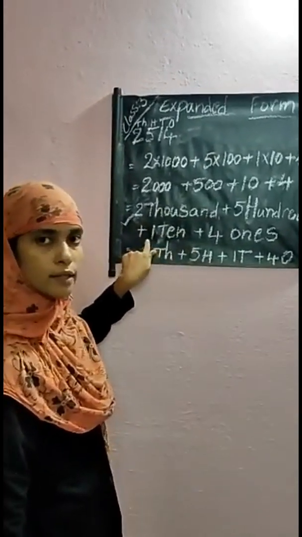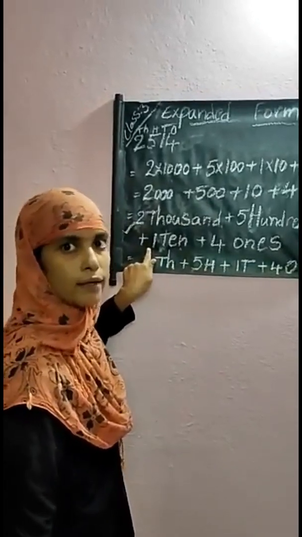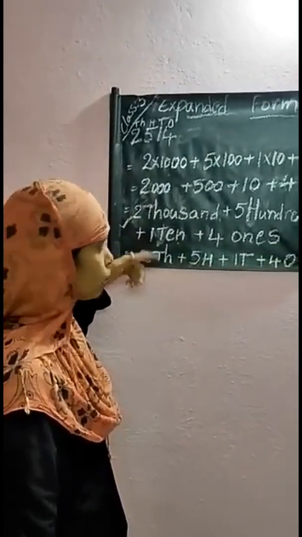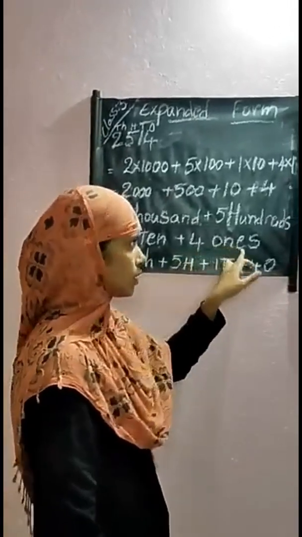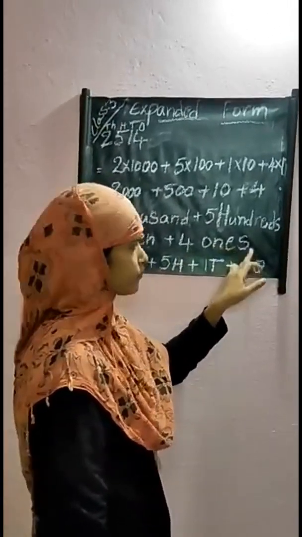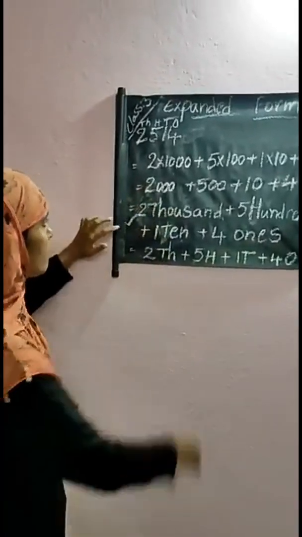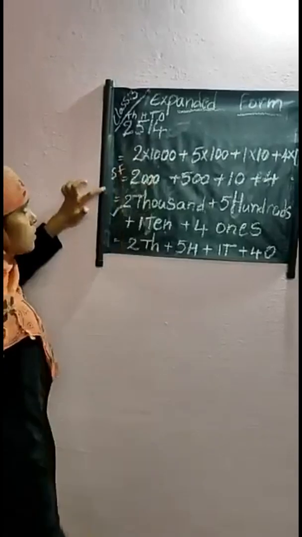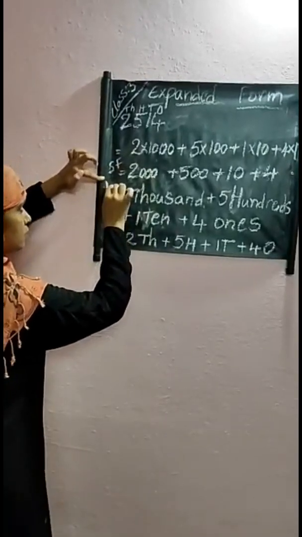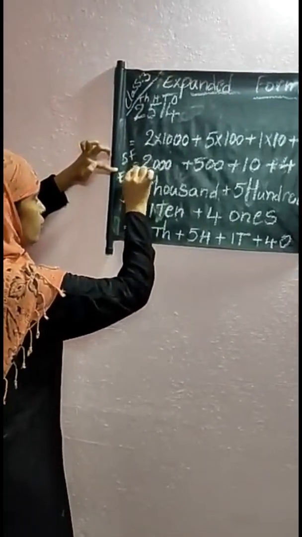Only 1 is there, no? That's why we wrote 1 ten. If there are more, 2 or 3 tens, we will write that. Now 4 ones. How many ones are there? 4 ones. This is the expanded form and this is the short form.